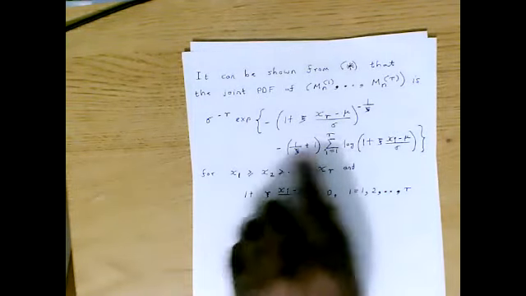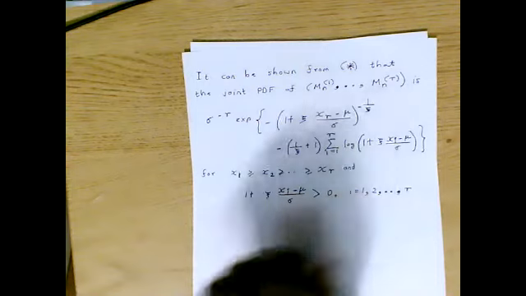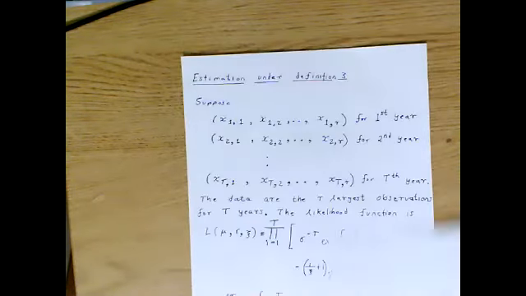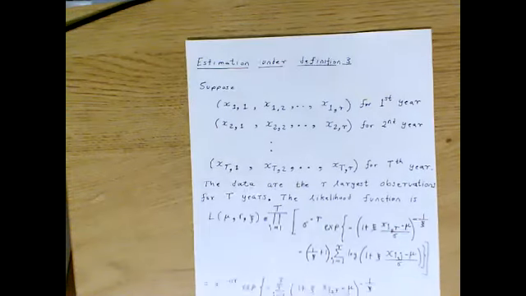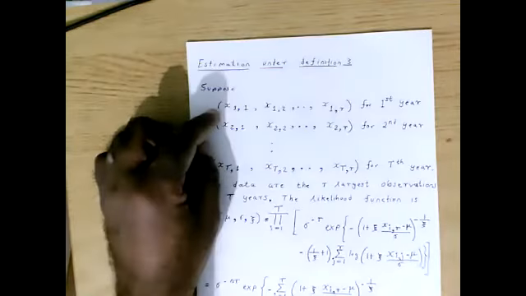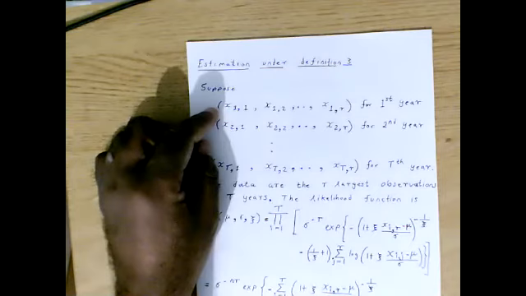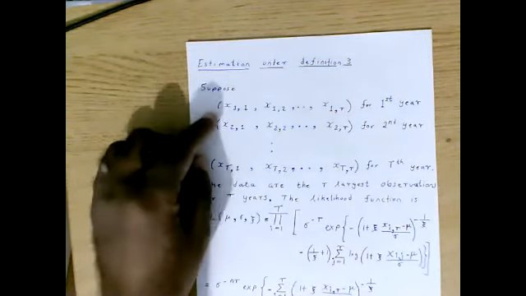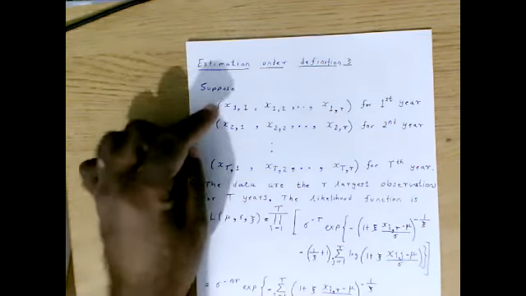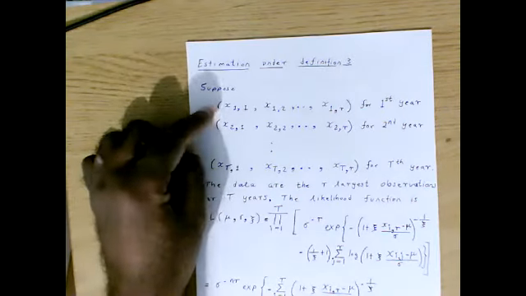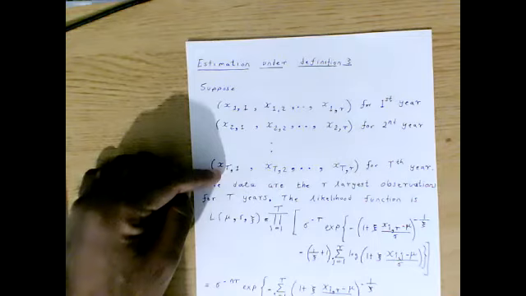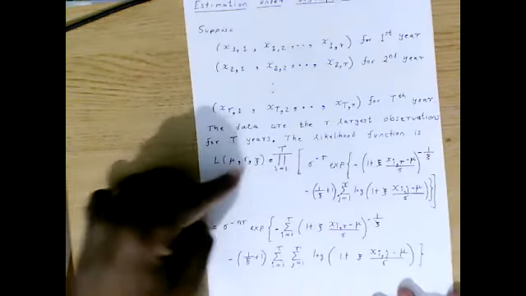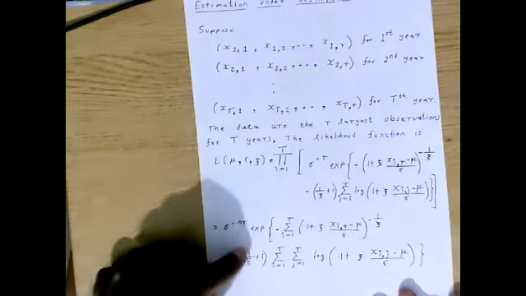And then for estimation, suppose you have R largest data points for up to t years. So t could be say 10 or 100 or 1,000. So this is the R largest data points for the first year, second year, up to capital T years. Then this is the likelihood function for the 3 parameters, mu, sigma, and psi, right?